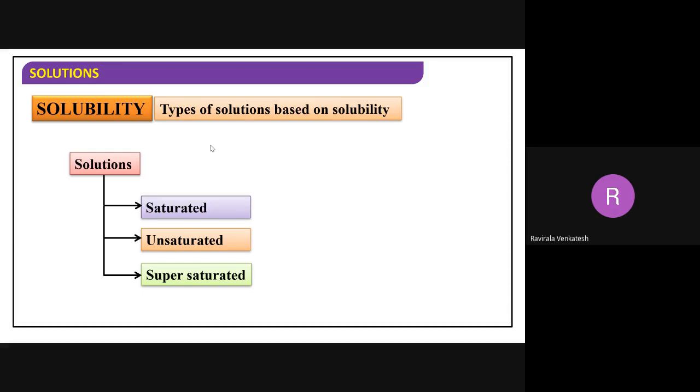If you add even a little salt, it will not dissolve and will give precipitation back. That means the solvent is not in a position to take any amount of solute. That is called supersaturated. Understood? Saturated will not take further amount, unsaturated will take more, and supersaturated will not take and will give precipitation if you add.